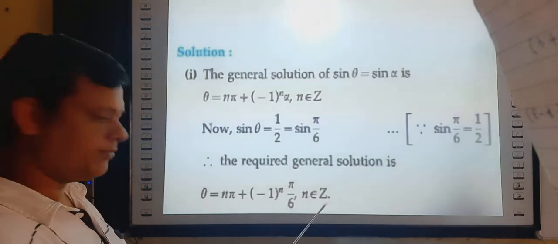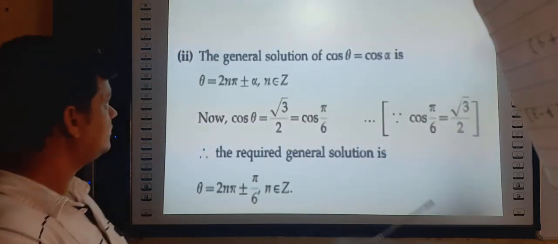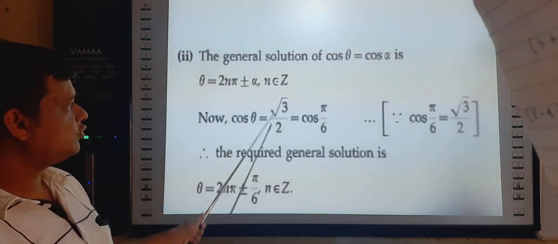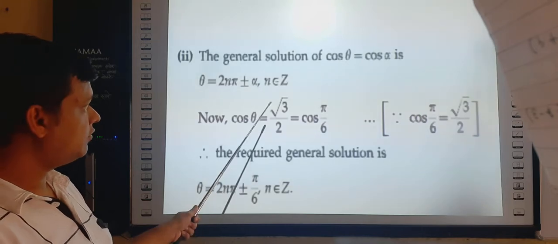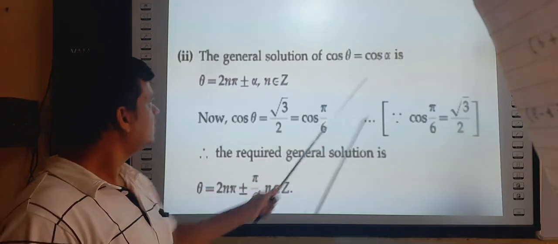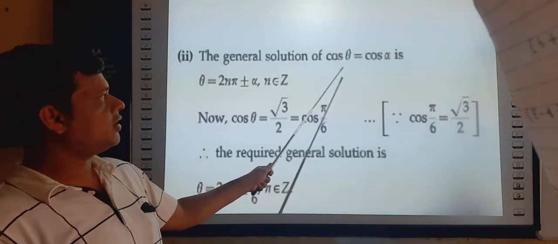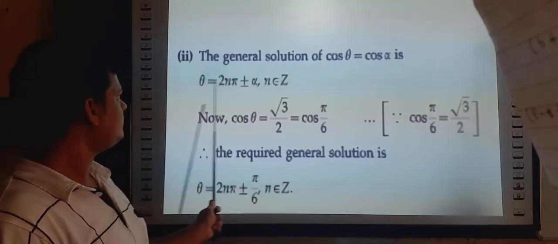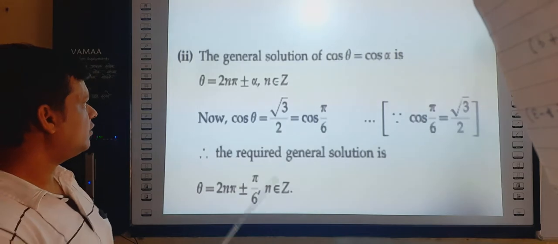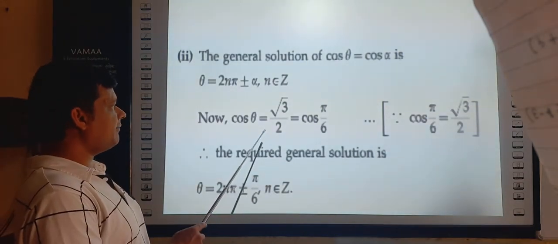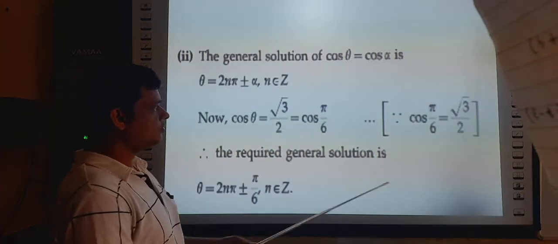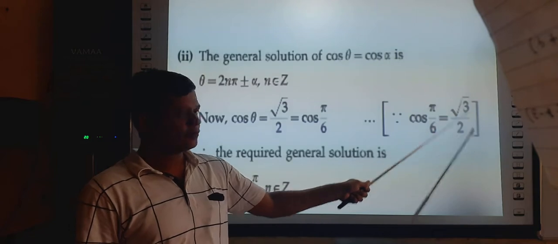Now see the second example. In the second example we are given cos theta equals root 3 by 2. So we know the general solution for cos theta equals cos alpha: theta equals twice n pi plus or minus alpha, n belongs to Z. Now we know that for angle pi by 6 we get root 3 by 2, so we write cos pi by 6 as root 3 by 2.